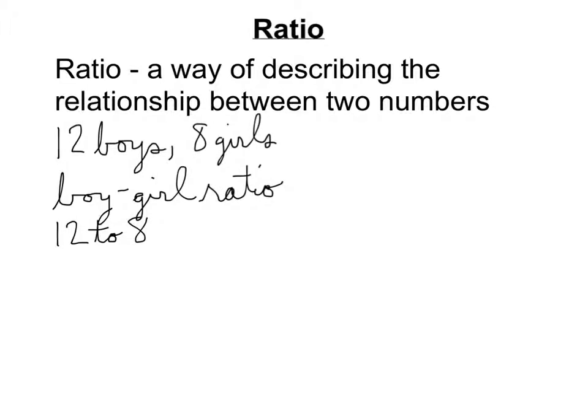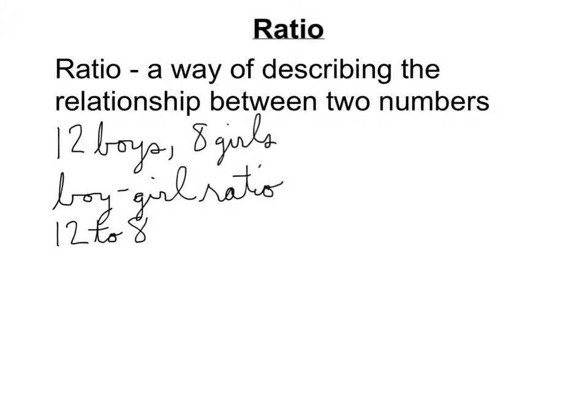So notice here that the name of the ratio, the boy-to-girl ratio, tells me what each of these numbers means. There are no units in the ratio. So the fact that boy comes first here means that the first number here must be boys. And that girl comes second. The second number must be the number of girls.